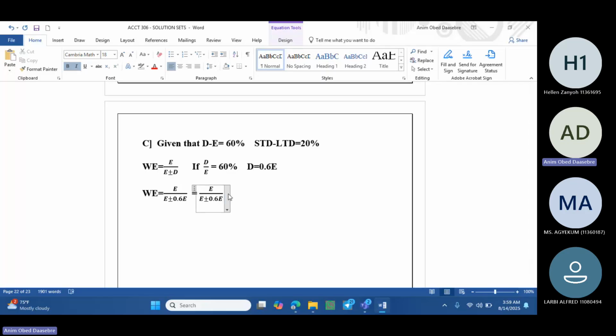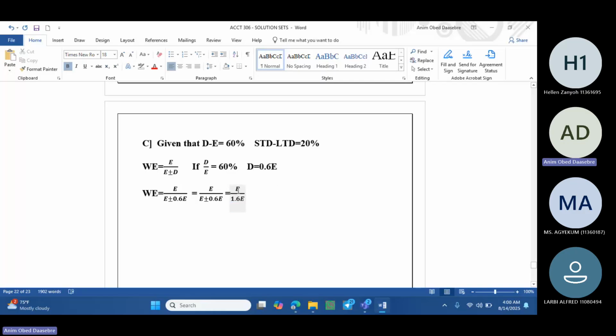So when you expand this equation, you get 1.6E.